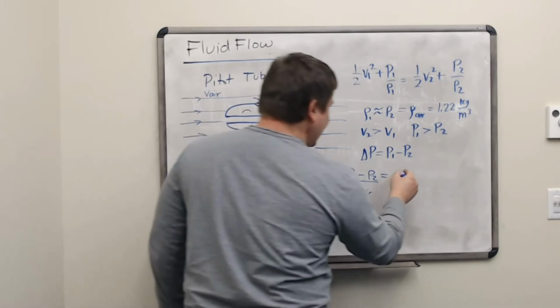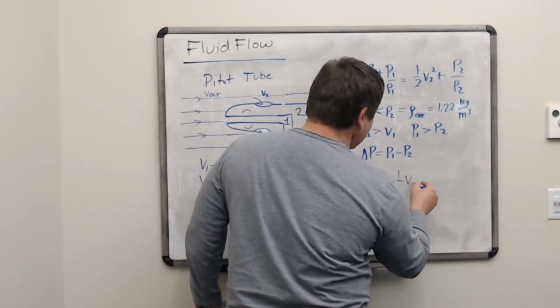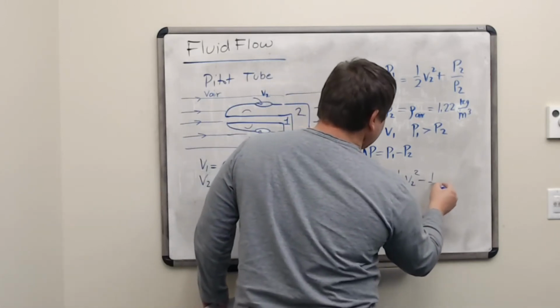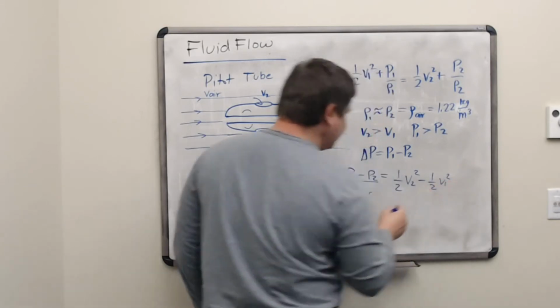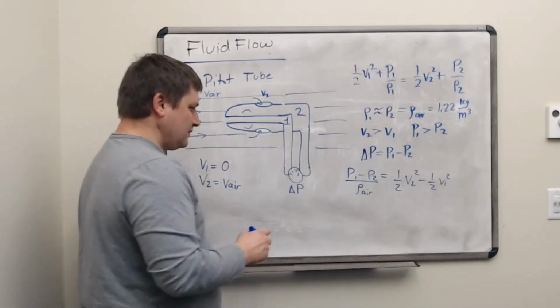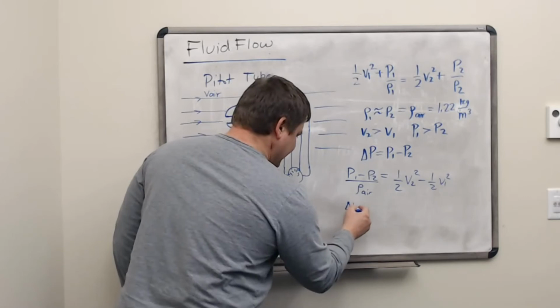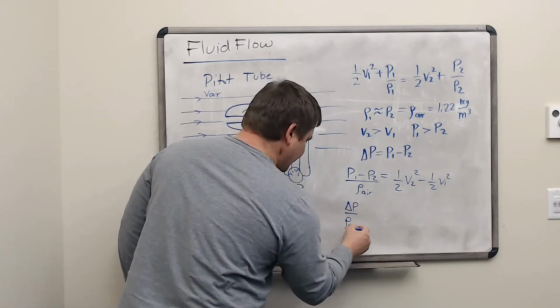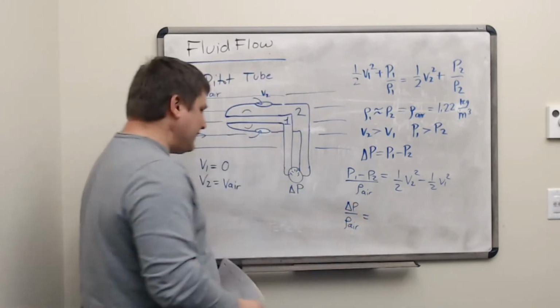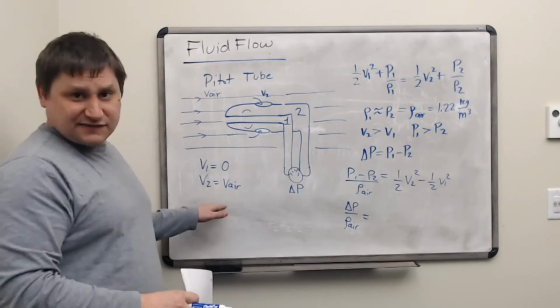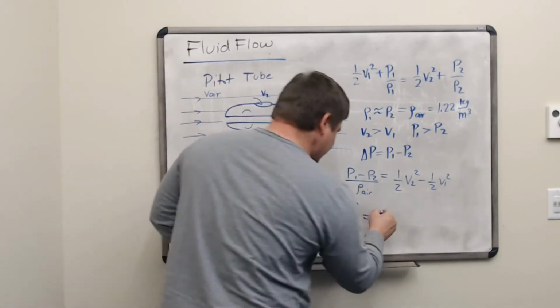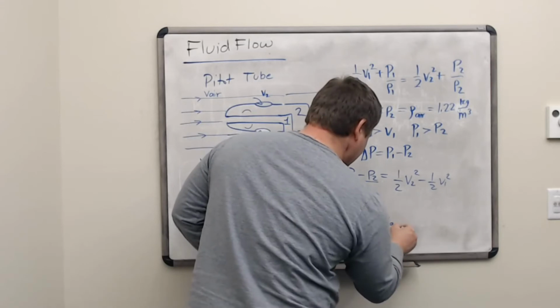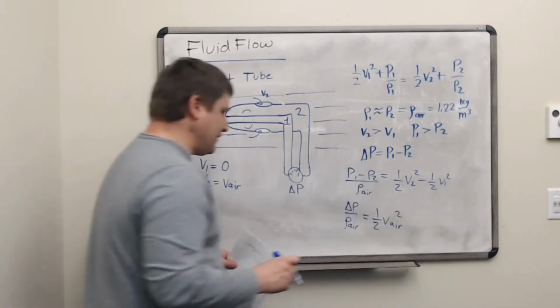And then on the left side, it will be the difference 1/2 V2 squared minus 1/2 V1 squared. All right, so then we have delta P over rho of the air. And then for our velocities, V2 was the speed of the air flow and V1 was 0. So we have 1/2 V air squared.